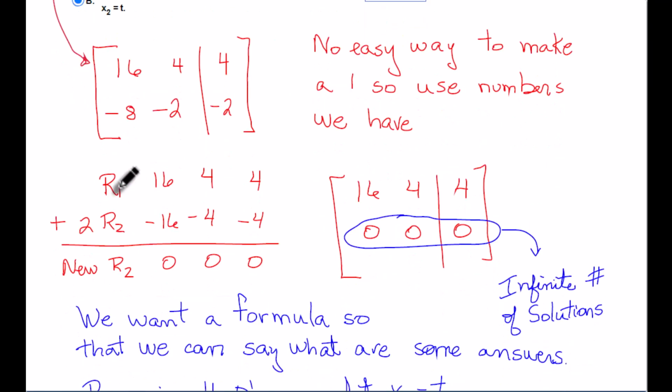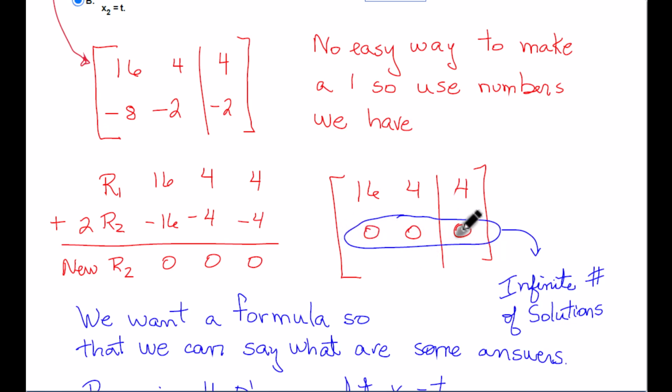So I'm going to multiply that second row by 2, add them up, and I'm going to make a new row 2. And look, I have a whole row of zeros. In the previous case, we were able to get an answer. In this case, I get a whole row of zeros.